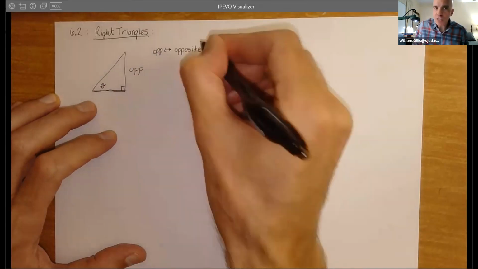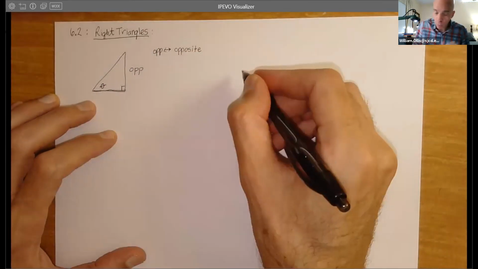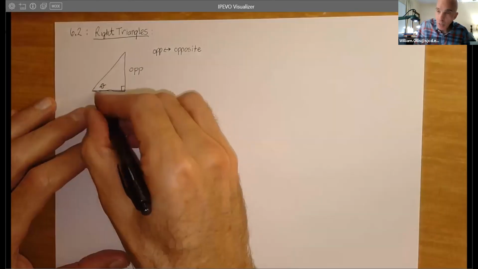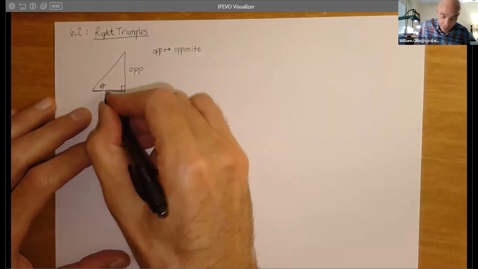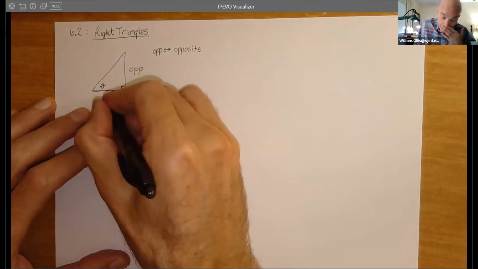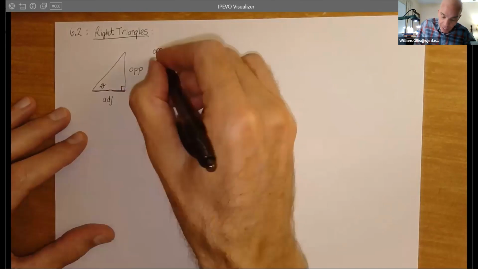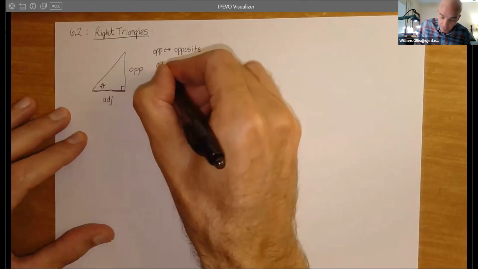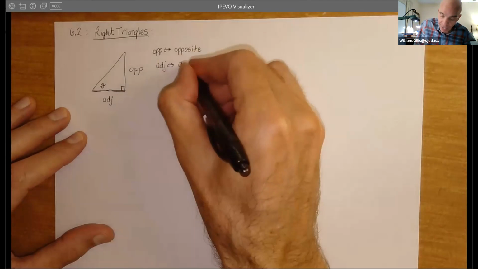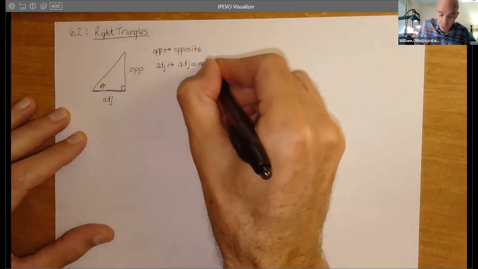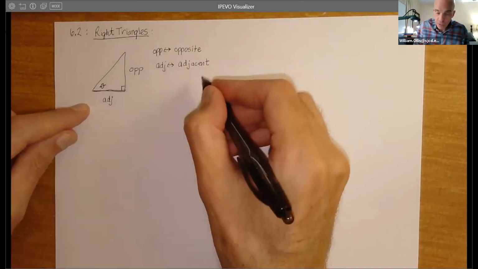Lots of abbreviations, but hopefully simple ones. Now, the side that will be adjacent to the angle theta will abbreviate ADJ. So ADJ will correspond to the word adjacent.